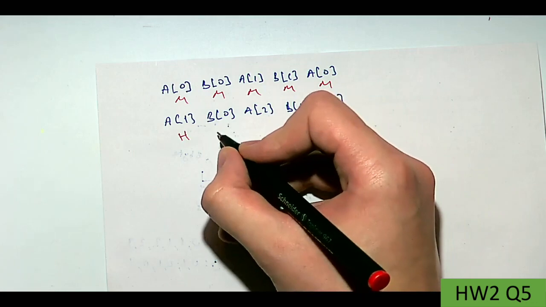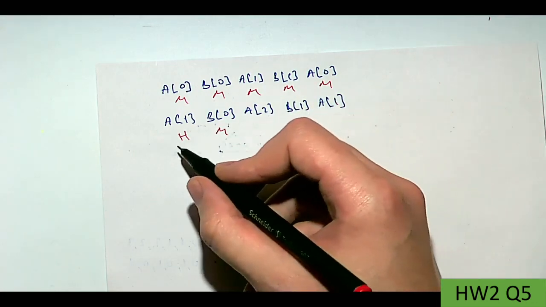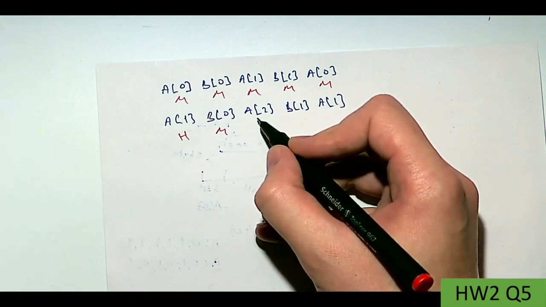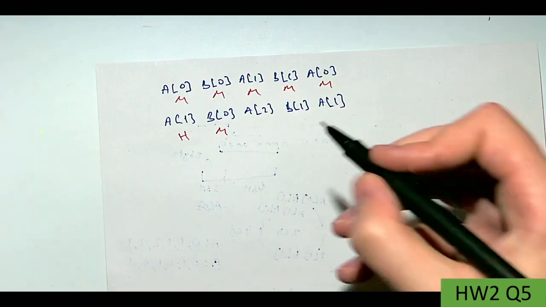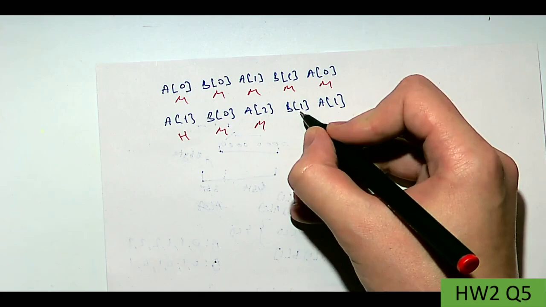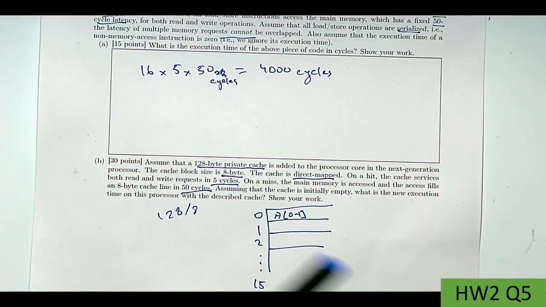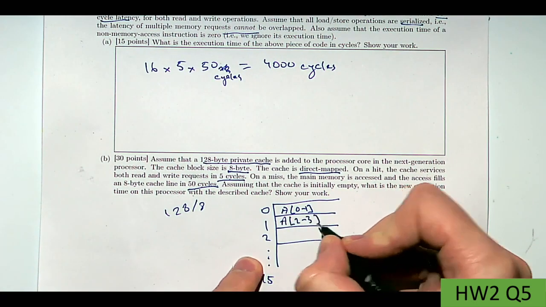And then B0, access to B0 again, this is not in the cache, it was evicted, and this discards A1 and A0. So then we access A2. So this is the first time we touch that cache block. So this will be a compulsory miss. And then B1 is in the cache because A2 maps to the next entry, right? So A2 will be placed here together with A3.